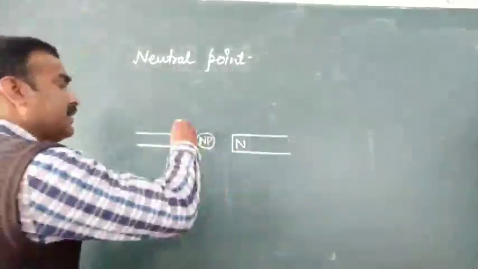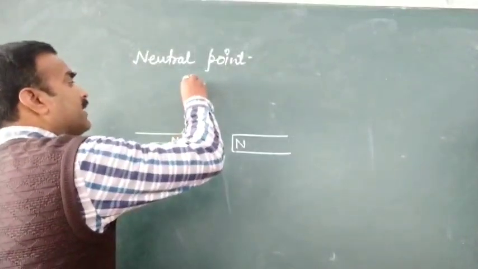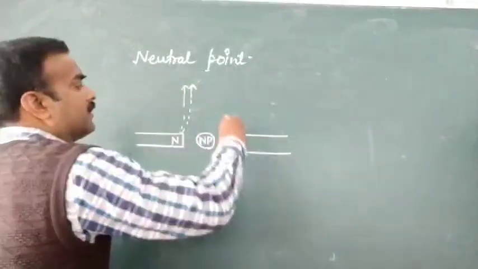Just see, the magnetic lines will pass like that.